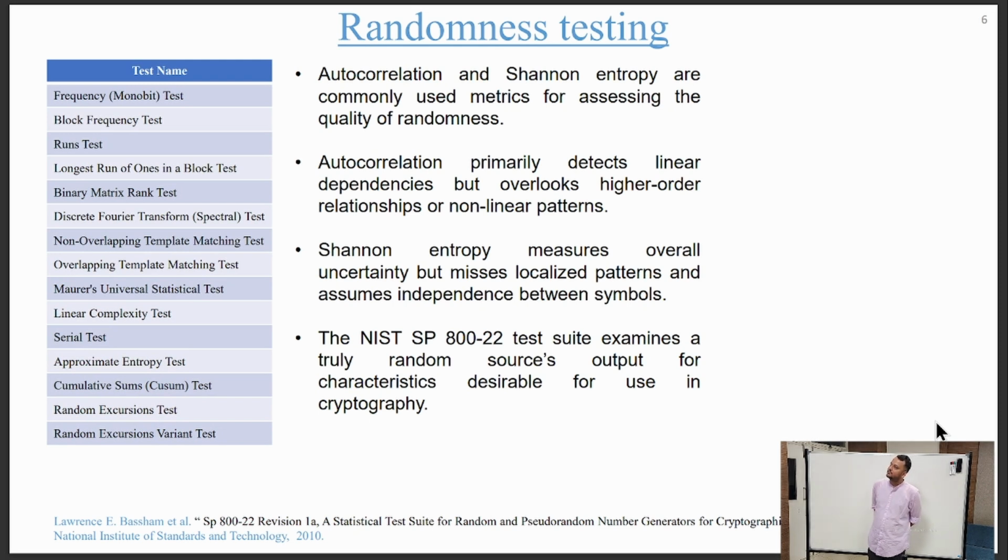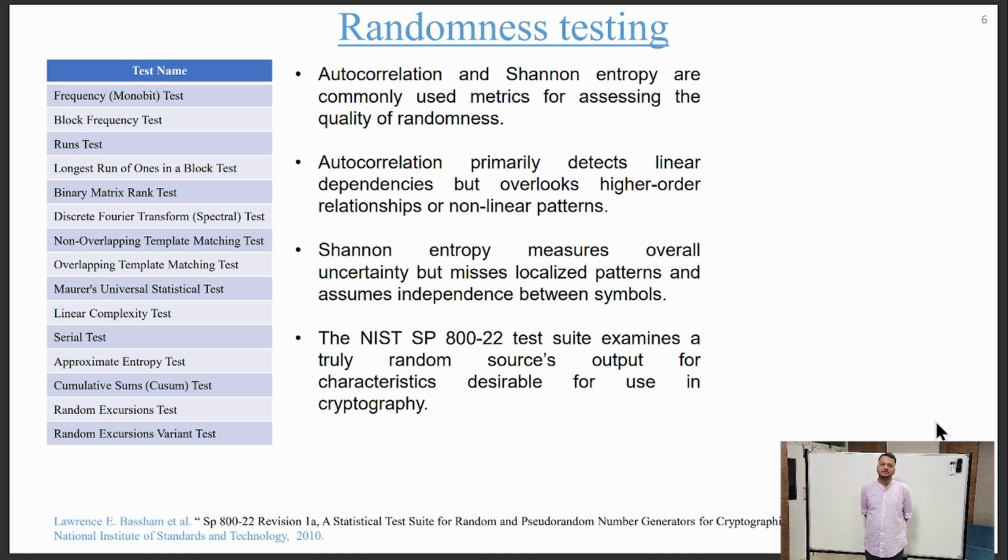Basically, autocorrelation and Shannon entropy are two basic metrics used to assess the quality of a true random number generator. But these two have some limitations. Shannon entropy misses out on local patterns, and it looks at overall entropy.